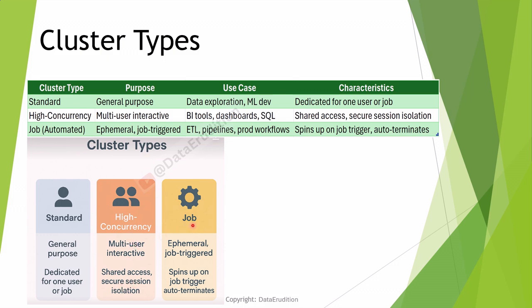And the job cluster is designed for the job, ETL job. If you see here, whatever job you are going to trigger, at the same time a job cluster will be created and started. It is mentioned here that it spins up on job trigger and auto terminates. So as soon as the job gets finished, the cluster will be terminated. So this is what that means.